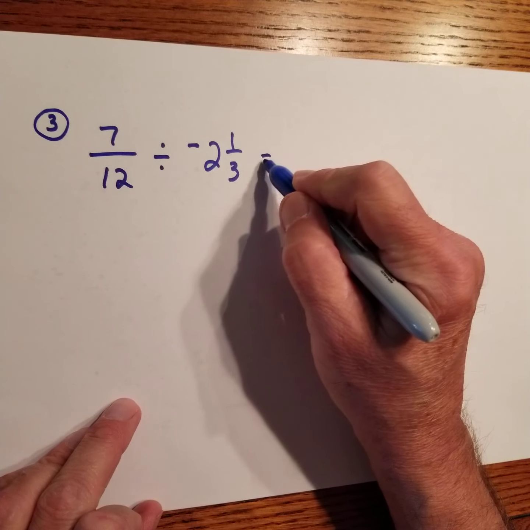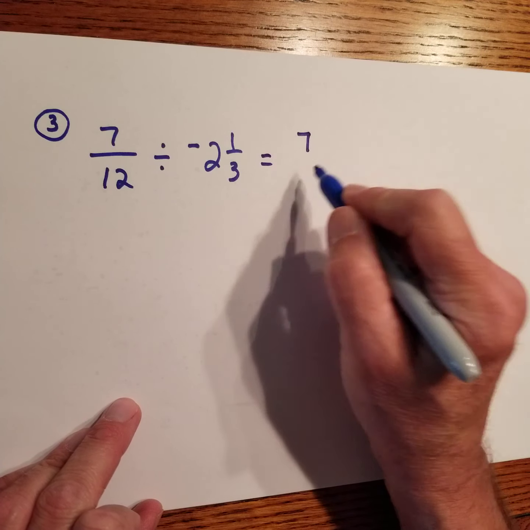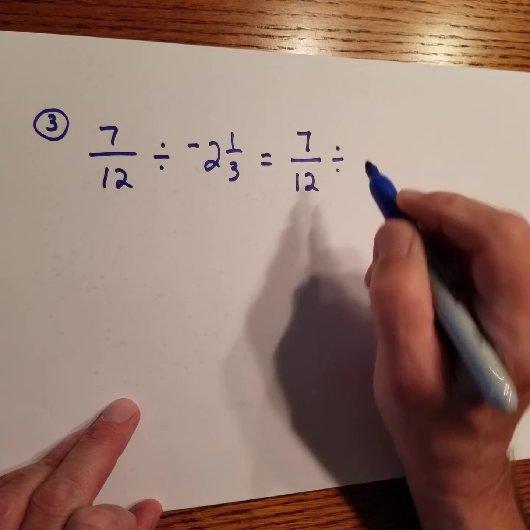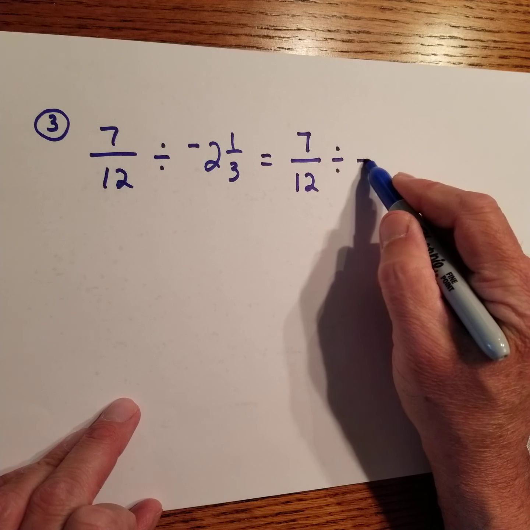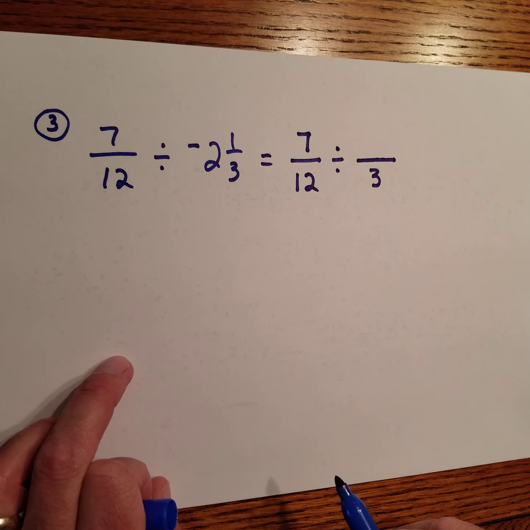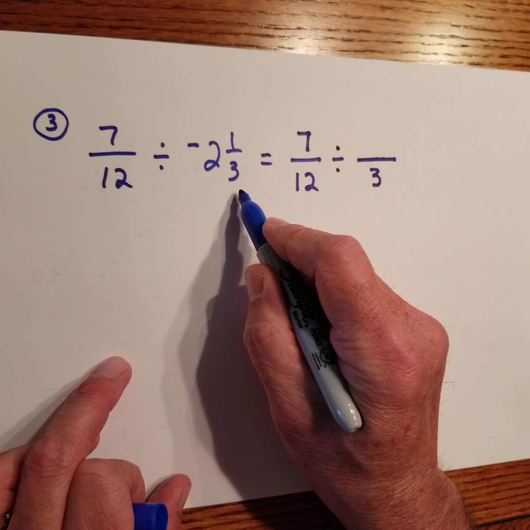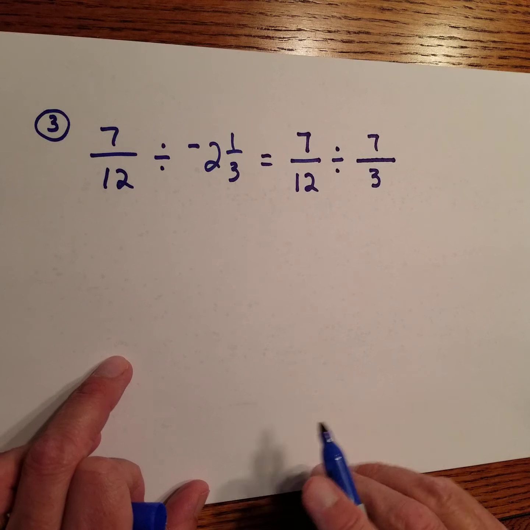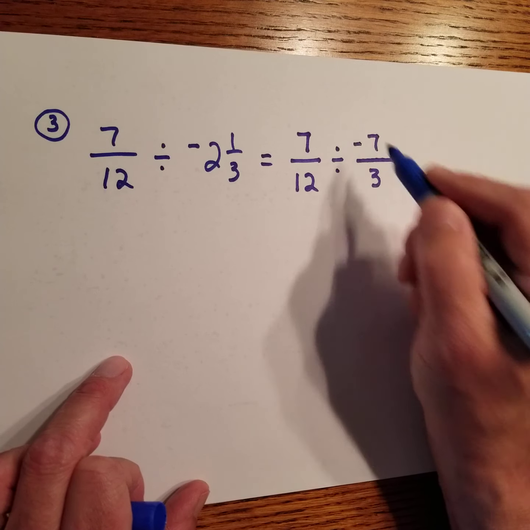For number 3, the first fraction is not a mixed number, so I'll just copy it. The second fraction is a mixed number. Change it into improper. Keep the denominator. 2 times 3 plus 1, 7. And it's negative.